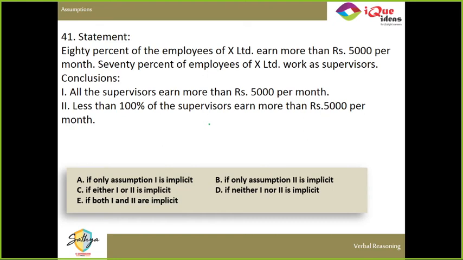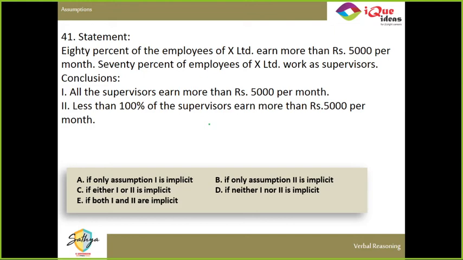80% of the employees of X Limited earn more than rupees 5,000 per month. 70% of employees of X Limited work as supervisors. What can you conclude from this? Can I say all supervisors earn more than 5,000 per month, or less than 100% of supervisors earn more than 5,000 per month?